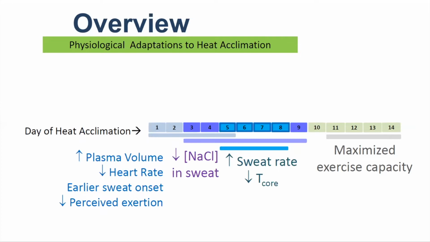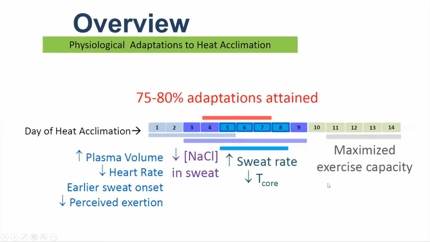And this increase in sweat rate is going to help keep their body cooler because remember, evaporative cooling is the main mechanism of heat dissipation. And then days 10 to 14 is when the maximized exercise capacity is seen in most individuals. So from days 4 to 7, 75 to 80% of all the adaptations to heat are attained.